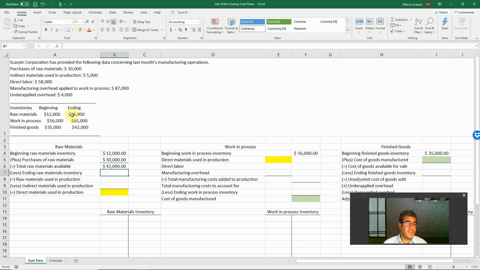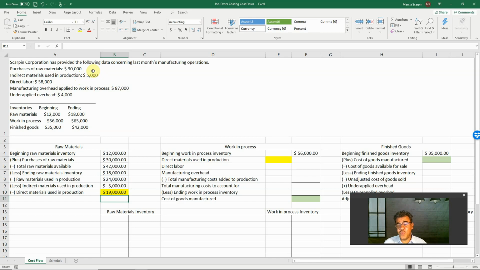So our ending inventory here, 18. Equal raw materials used in production. However, we also have indirect materials, and we want to know only the direct materials used. So less indirect materials, $5,000. So equal 24 less 5, 19.